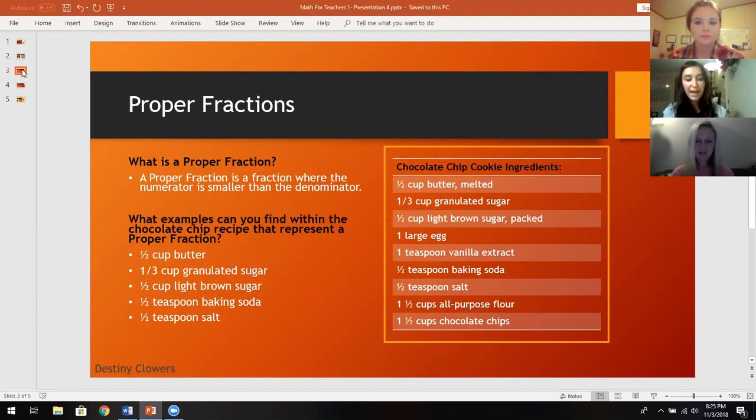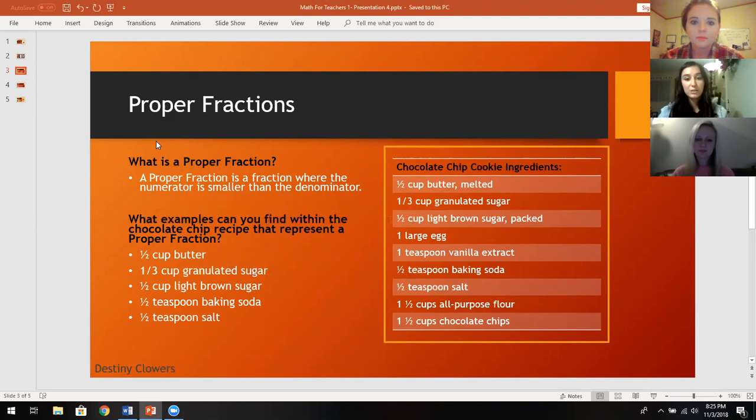So that means that if the top number value is lesser than the bottom number value, then these fractions will always be considered proper, and their value is always less than 1. So what examples can you find within the chocolate chip recipe that represent a proper fraction?